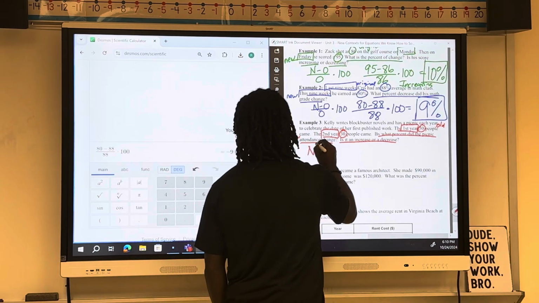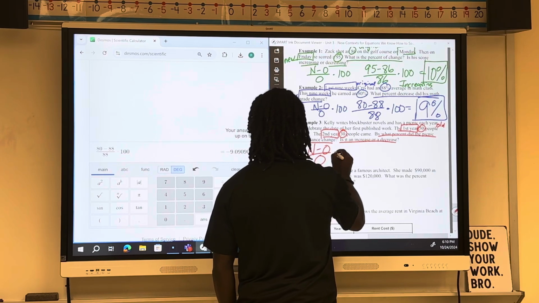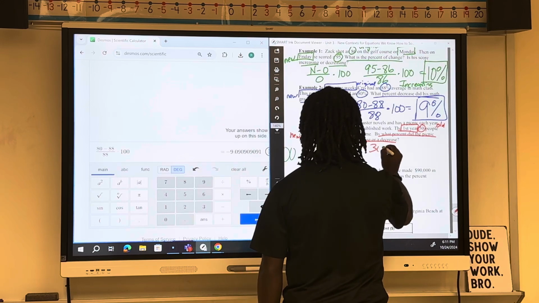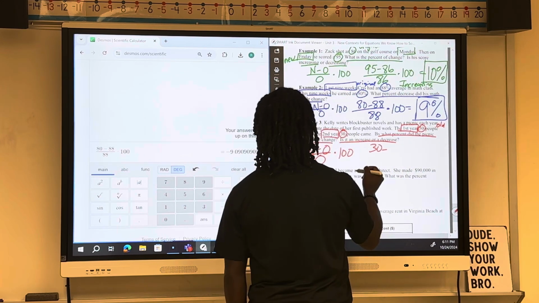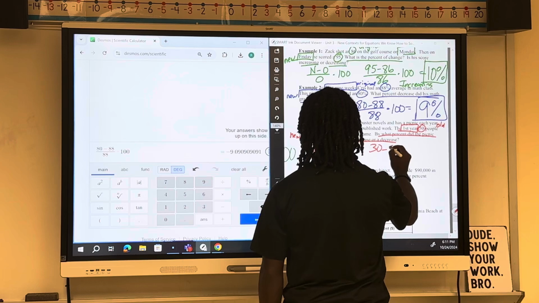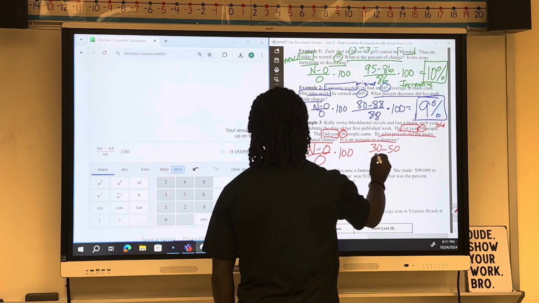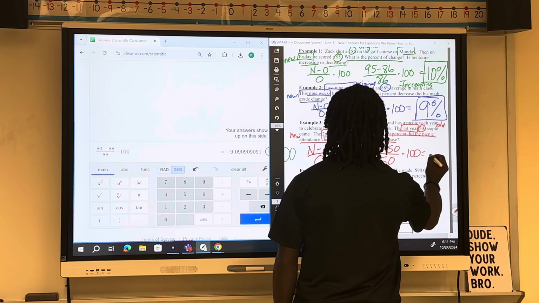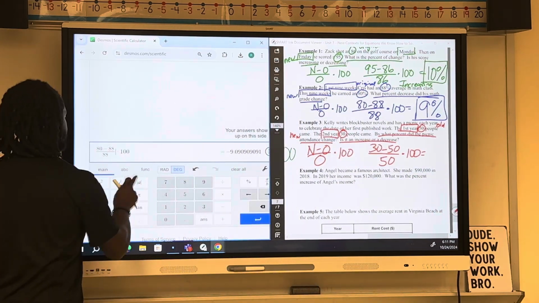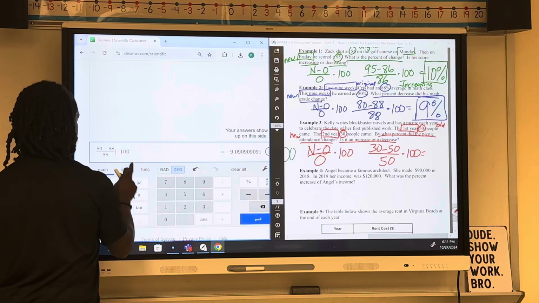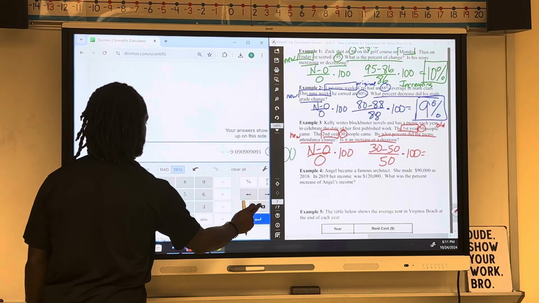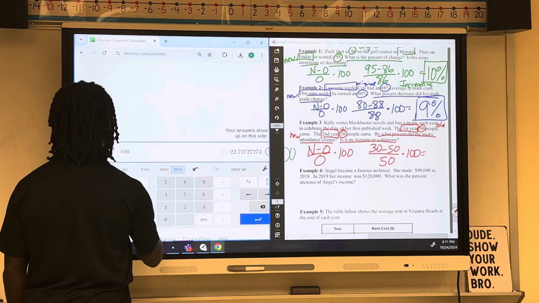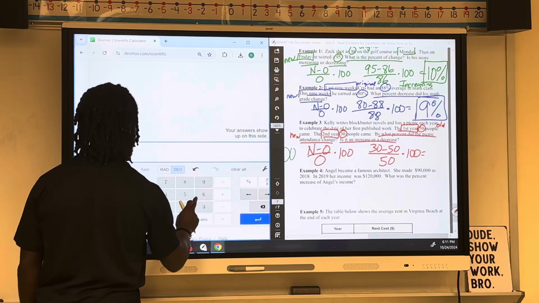So, new minus old over old, times 100. So new is 30 minus the old, okay, and then over the original times 100. That's going to give us, so we got 30 minus 50 over 50.